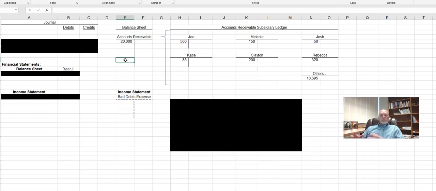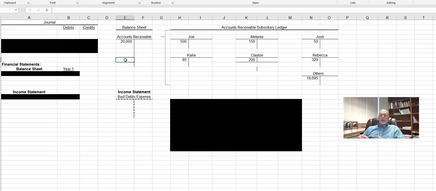Accounts receivable is really just one example of an account in the general ledger that has a subsidiary ledger behind it. For example, accounts payable: we need to keep up with who we owe and the individual balances that we owe. So we'll have an accounts payable subledger, and that'll keep up with those individual payable balances that add up to the accounts payable total.